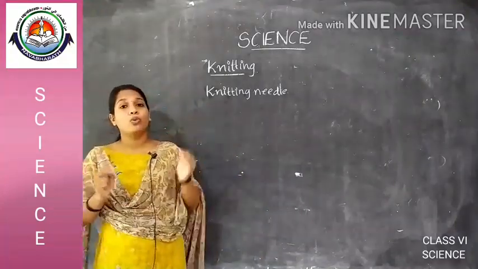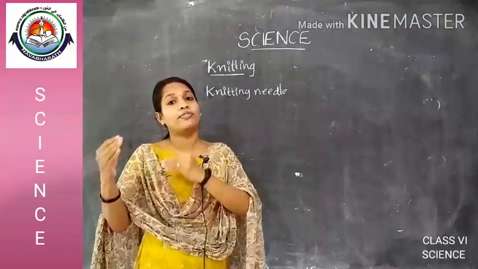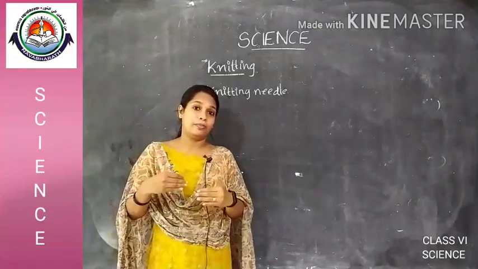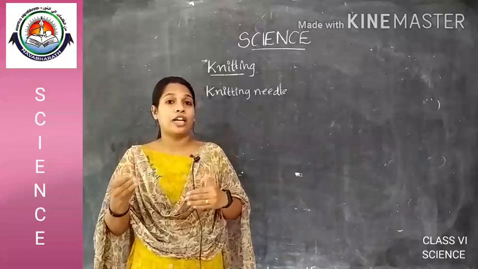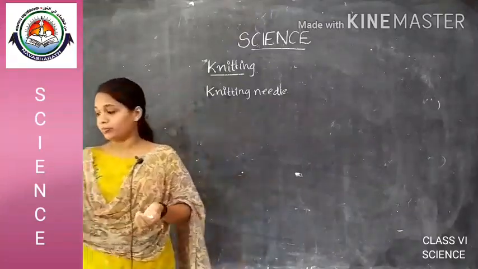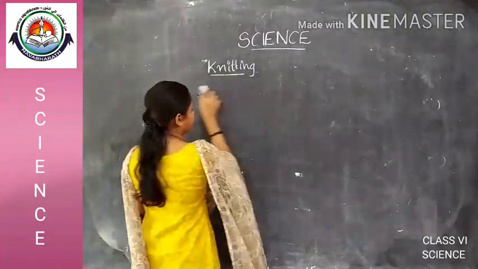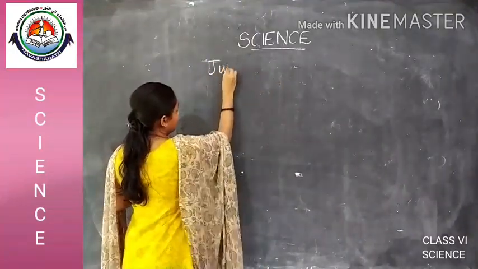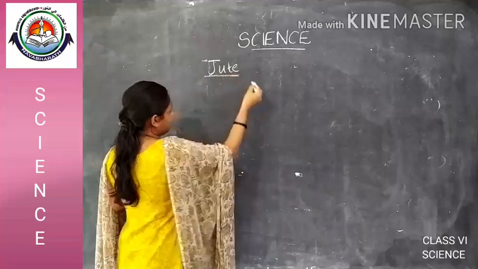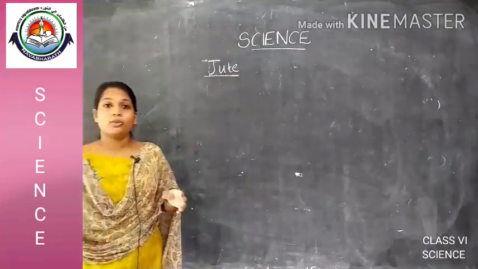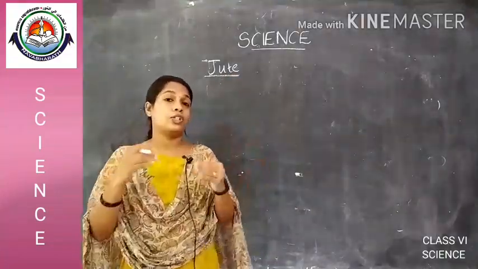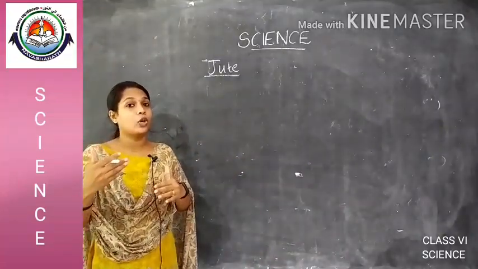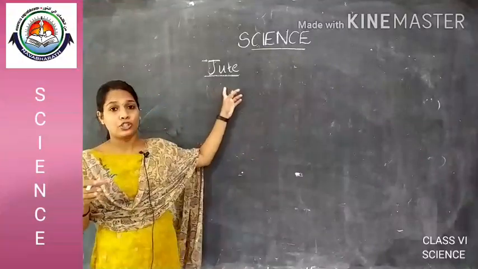Next we are moving on to another most important natural fiber, that is jute. As we studied about the natural fiber cotton, next we are moving to one of the most important natural fibers, that is jute.